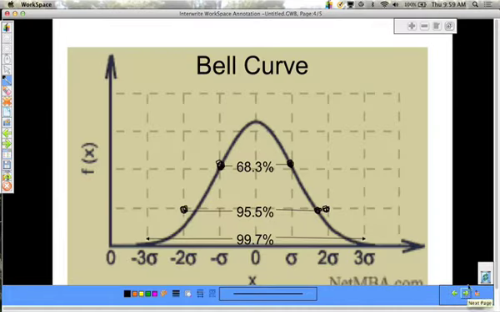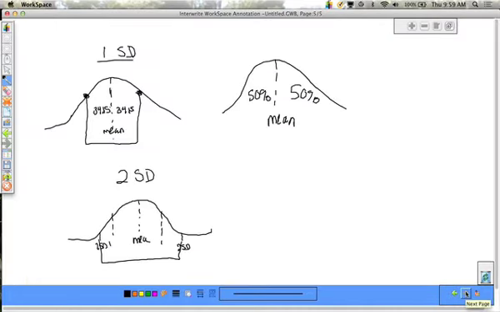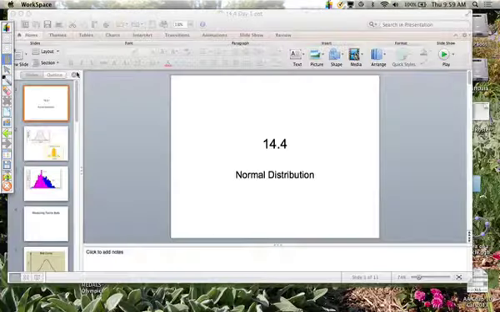We have 95.5%. So to figure out on either half here, from here to here, what would we do with 95.5? Well, we would divide it by 2. So 47.75% and 47.75%. And we could continue and do the same for the third one as well.